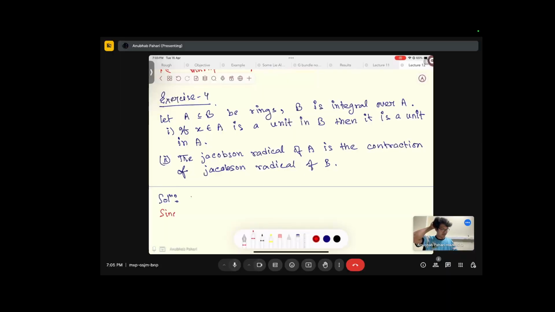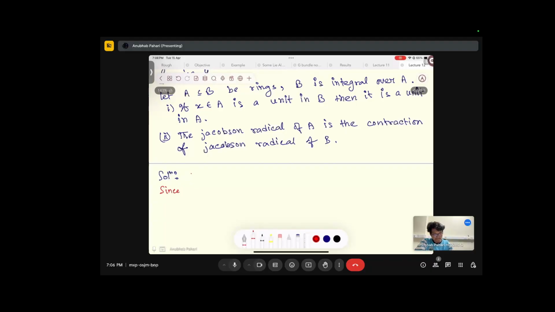Since x inverse belongs to B, then 0 equals the sum over j equals 1 to n of aj x inverse to the power j, with aj belonging to A and an equals to 1.